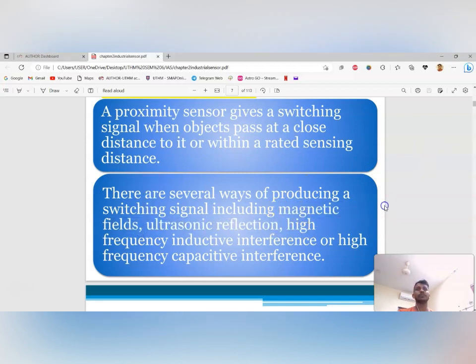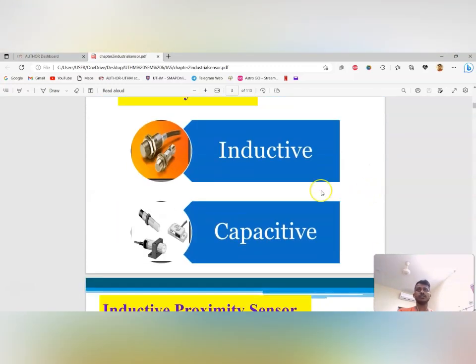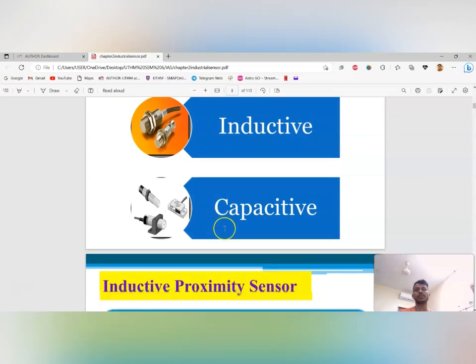So here's the inductive one and the capacitive one.